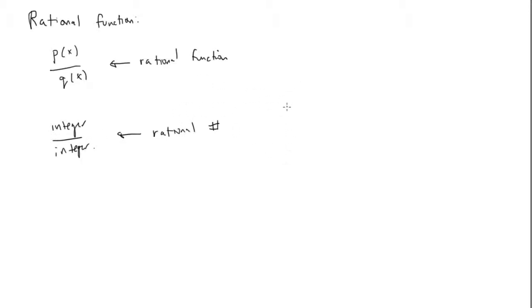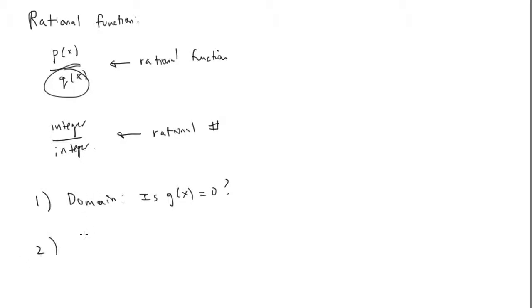Okay, so some of the properties that these things have. One, we always have to worry about the domains, and that's because we have some function in the denominator. So we have to worry about whether g of x is ever equal to 0.